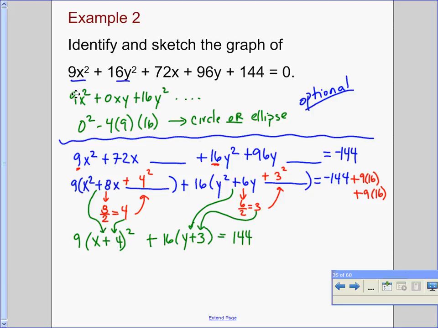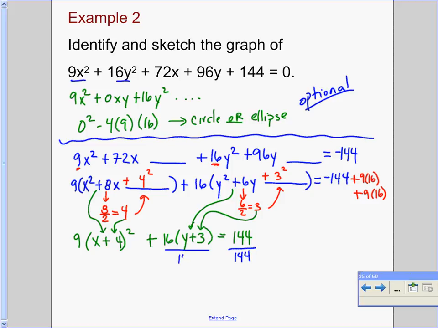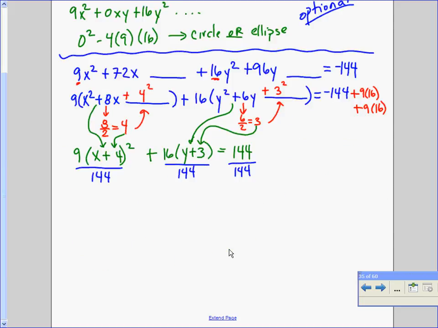Now I'm almost finished. For the standard form, we want to have it equal to 1, so I'm going to divide everything by 144. Once I do that, I end up with x plus 4 squared over 16 plus y plus 3 squared over 9 equals 1.